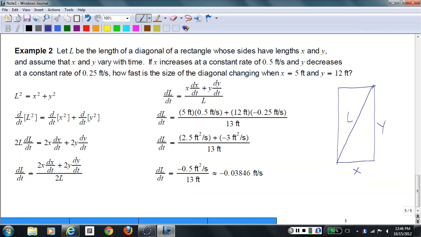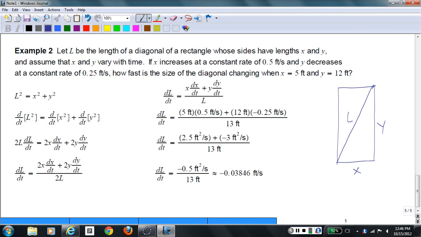Let's read on. y decreases at a constant rate of 0.25 feet per second. Another bell, another whistle. It's told me the value of dy/dt, the rate at which y is changing with respect to time. And because it says decreases, it means it's negative. So dy/dt would be negative 0.25 feet per second.